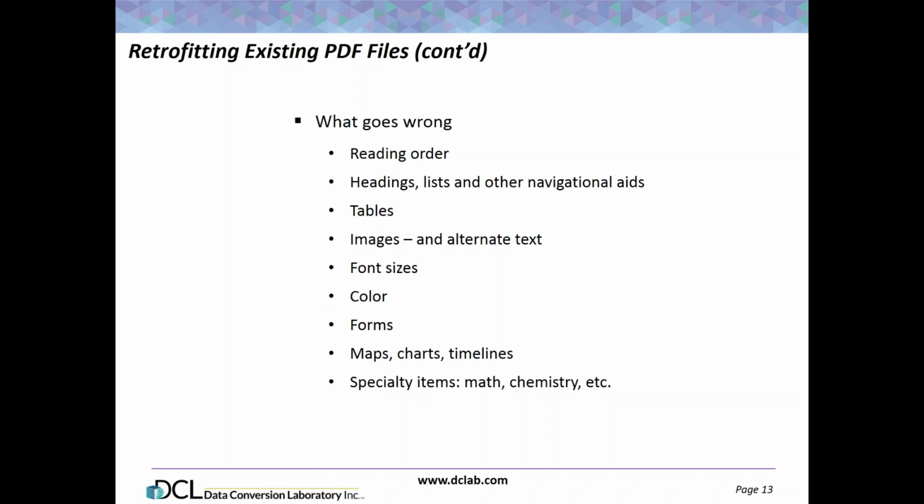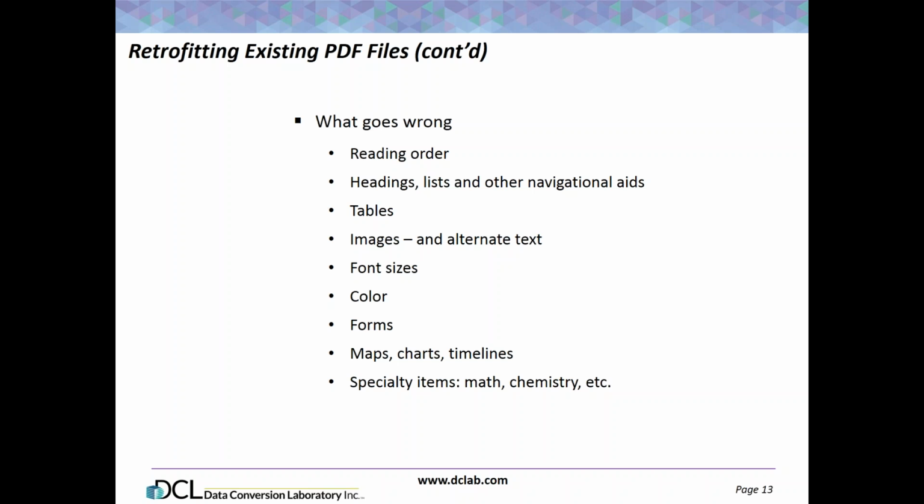So there are standards on how big a font should be, and very often it needs to be increased to get to a reasonable point. Color is an issue because color blindness is very common in the population, and if you're depending on just color to tell you something, there is a given population who won't be able to tell. Green and red are very common, but there are all kinds of others, and we'll show some of that in a little bit.